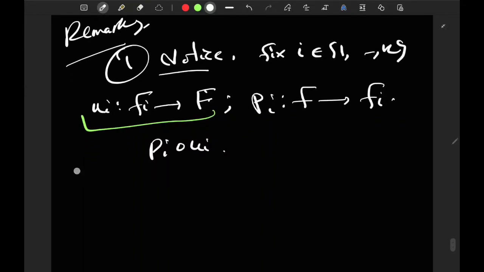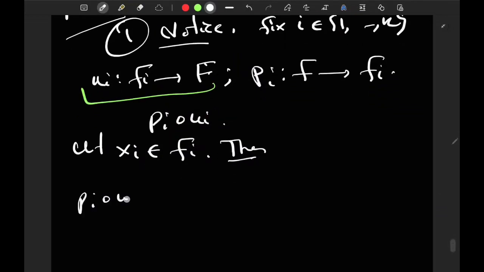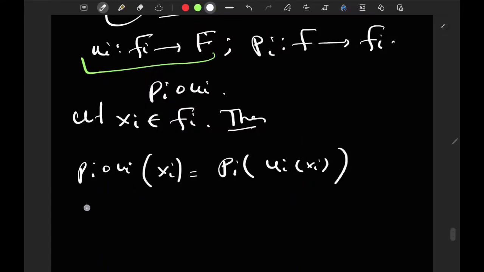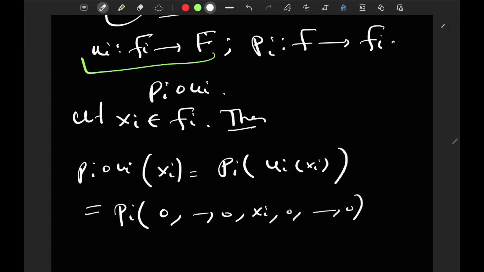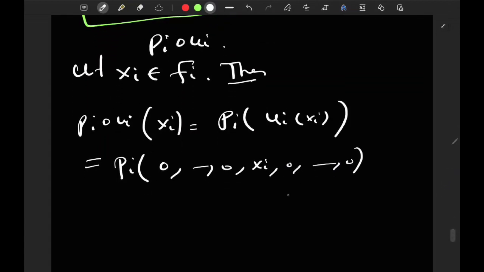Let x_i belong to F_i. Then p_i of u_i of x_i is p_i of (zeros, up to the ith component which is x_i, and then the rest 0). When we project this, we get x_i.